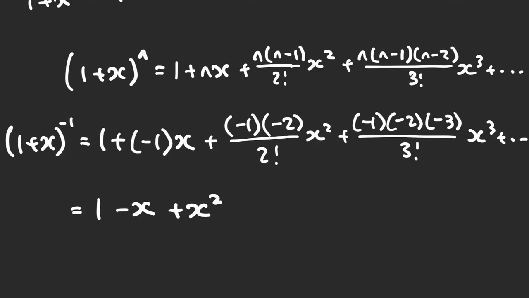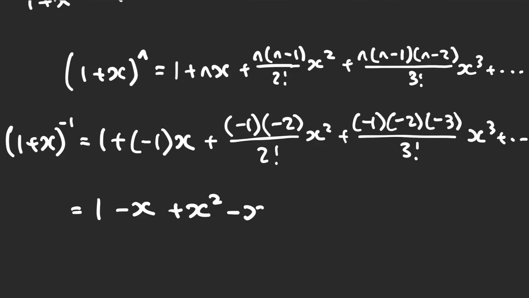Next, we are moving on to the x cubed term. So we've got negative 1 times negative 2 times negative 3. Negative 1 times negative 2 is positive 2, times negative 3 gives us negative 6. So at the very top, we've got negative 6, and on the bottom, we've got 3 factorial, which is 3 times 2 times 1, which is positive 6. So we've got negative 6 over positive 6, which is, of course, negative 1.